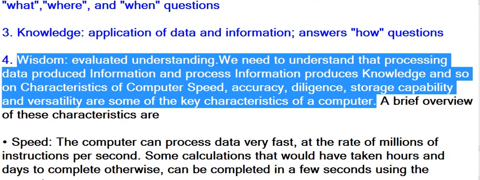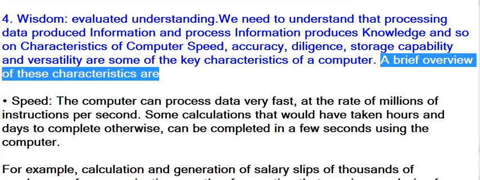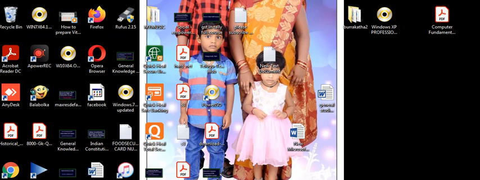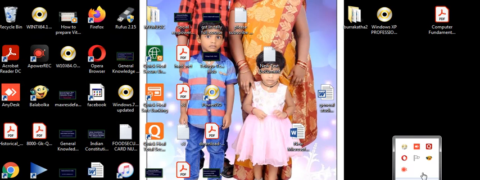Characteristics of computer: speed, accuracy, diligence, storage capability and versatility are some of the key characteristics of a computer. A brief overview of these characteristics are: Speed. The computer can process data very fast, at the rate of millions of instructions per second.